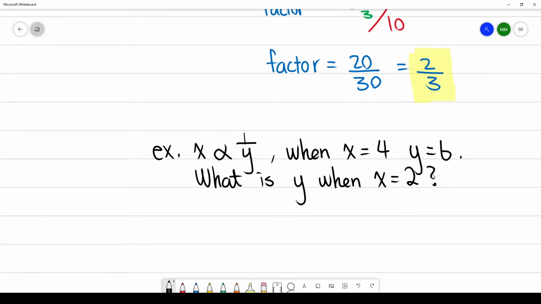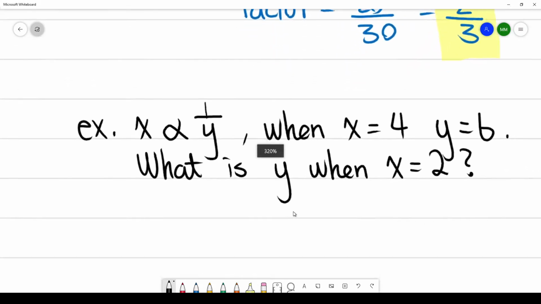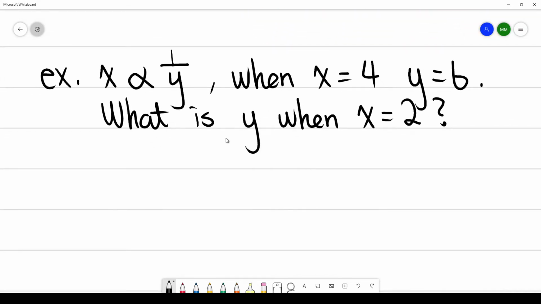So try this out again. Think back to the properties of inversely proportional: constant product. It's pretty much like the first example we did. So try this out.